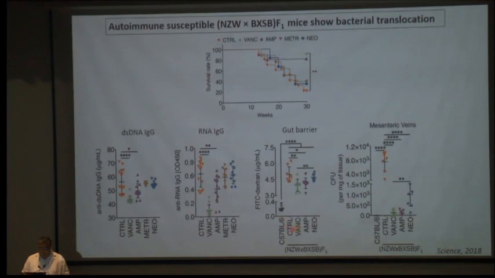In the autoimmune animals, it was severely increased, but in the vancomycin and ampicillin group, it was reduced significantly. Again, confirming that there is a breach in the gut, and that is why these DNA and RNA are probably reaching the liver.